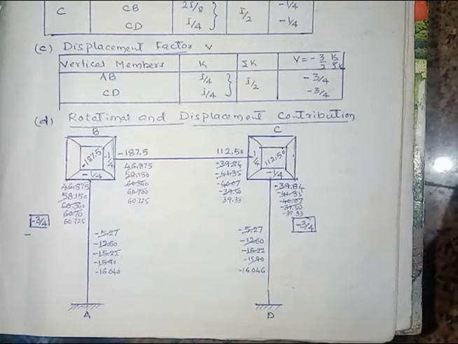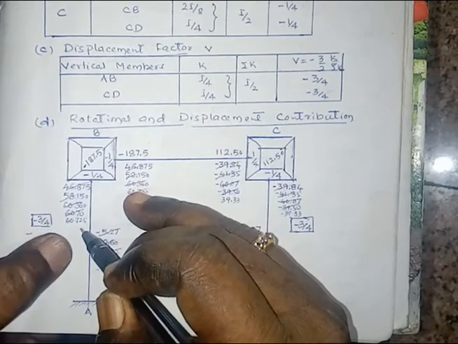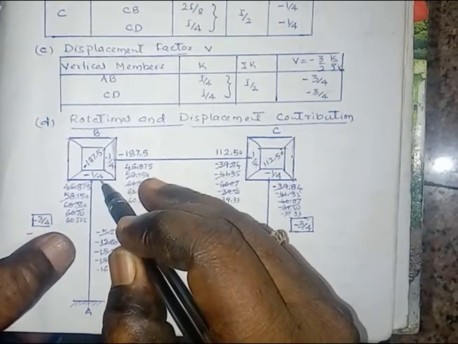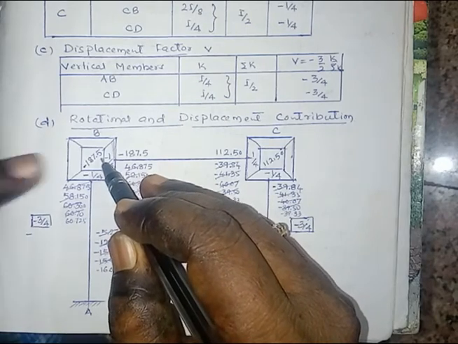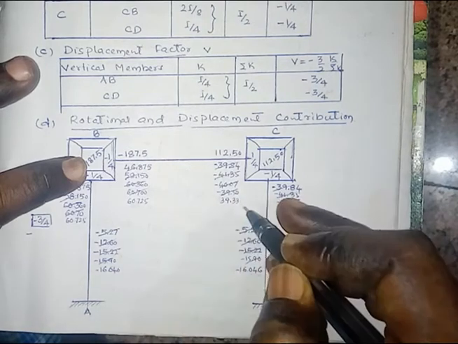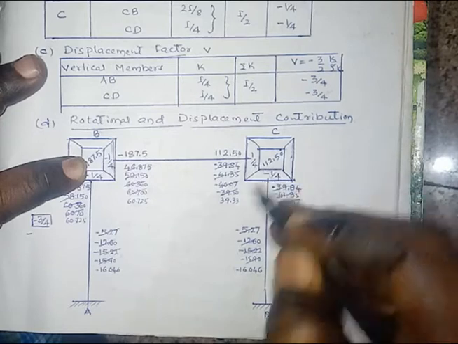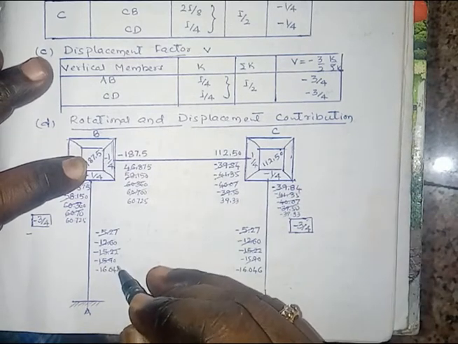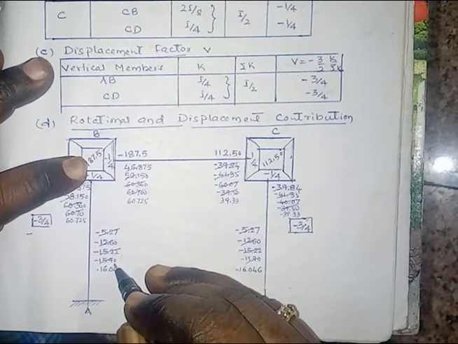Now we can go for the last cycle, that is the fifth cycle or fifth iteration. Here for joint B, M dash BA equals minus 1/4 the rotational factor. Inside the bracket, the sum of the fixed end moment, that is minus 187.5, plus the far end contribution 0 from A, and minus 39.50 from C, minus 15.90, that is the displacement contribution.